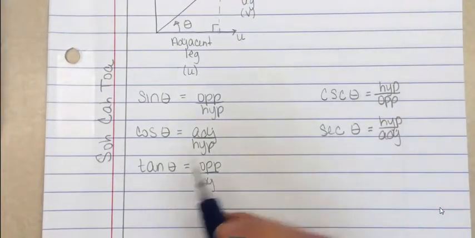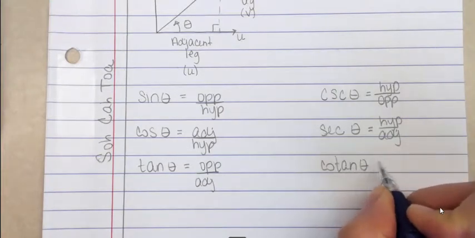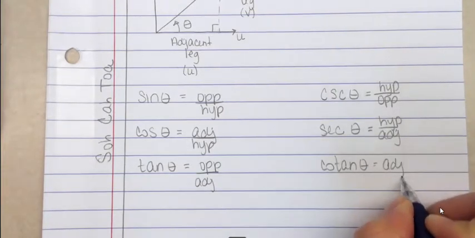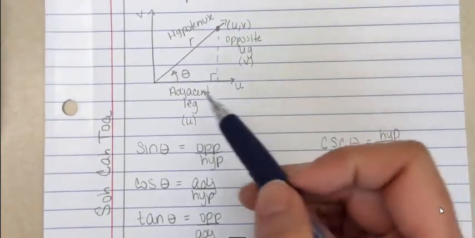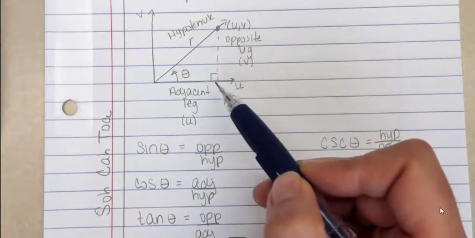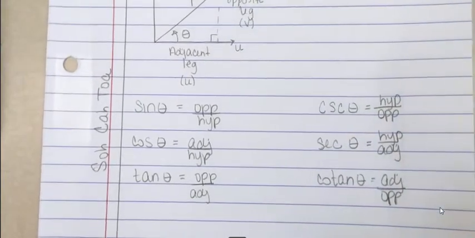And the reciprocal of tan theta is cotangent theta, in which case you've got adjacent over opposite. So this was all when you learned how to do this using right triangles. And again, when I do this in a coordinate plane, I'm always drawing a right triangle anyway. However, in your textbook, they also just talk about it in coordinate form.